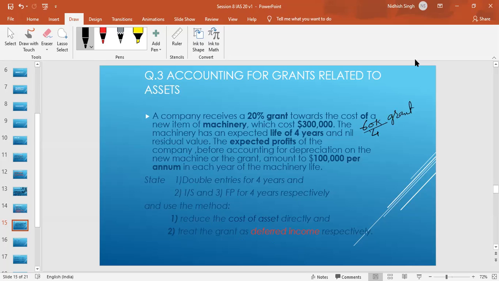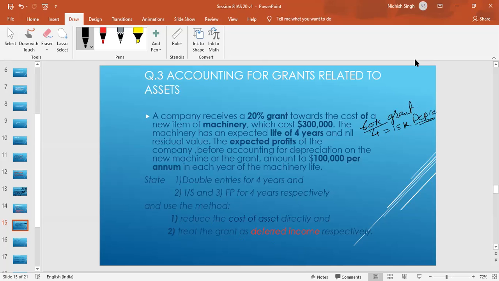If I divide this by 4, let's do some quick math, 15K depreciation. Again, it's not the right word, but loosely speaking, it is a kind of depreciation. The expected profit of the company before accounting for depreciation on the new machine and the grant amounts to 100,000 per annum in each year of machinery life.